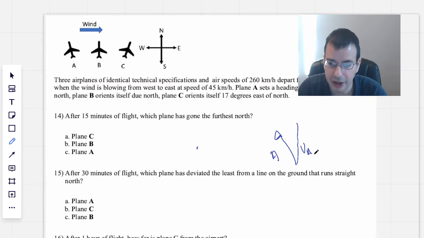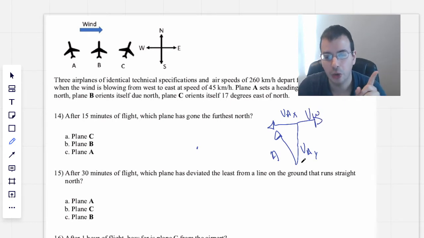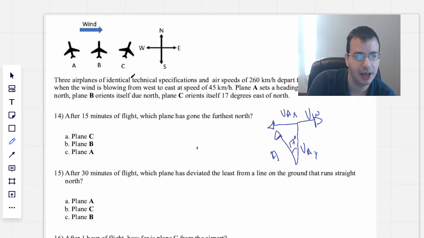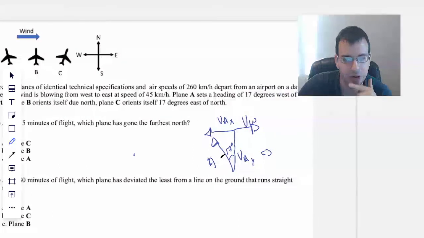I'll call this Y, so AY, and velocity AX. And then we're going to add on to that the velocity we'll call wind. This is 17 degrees, and so the total velocity of plane A is going to be, let's see, I should probably break this down.